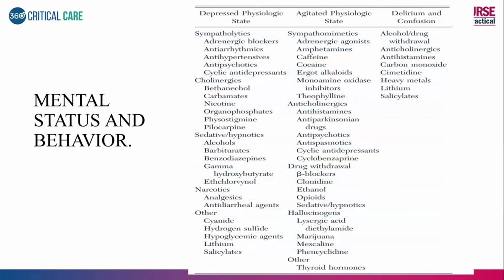Now, second comes your mental status and behavior, your CNS. You should know which drugs cause CNS depression, CNS activation, and delirium. All of the sympathomimetics usually cause elevated mood, whereas all your sympatholytics and cholinergics, sedative hypnotics, and narcotics cause CNS depression. Some drugs even cause delirium and confusion, like alcohol or any drug withdrawal, anticholinergics, antihistamines, carbon monoxide toxicity, and salicylates.